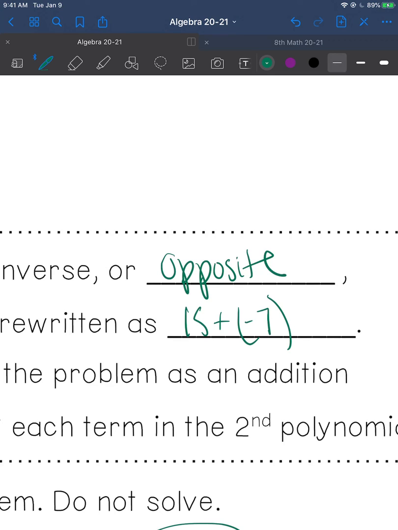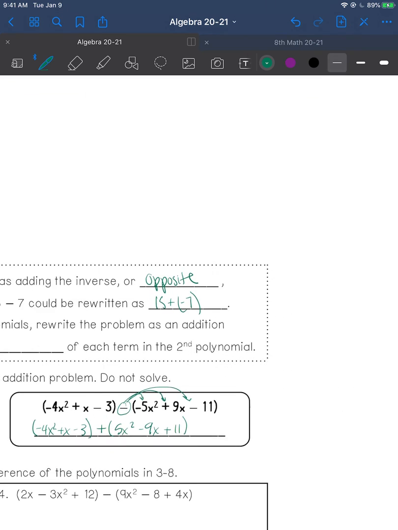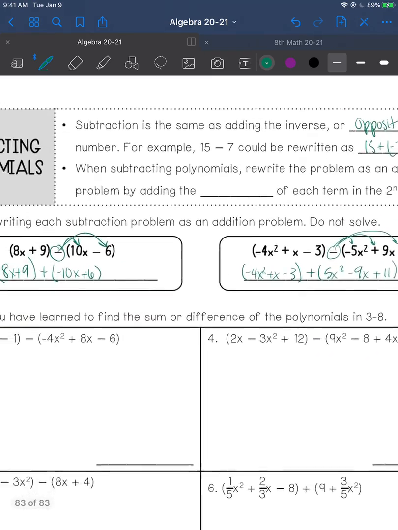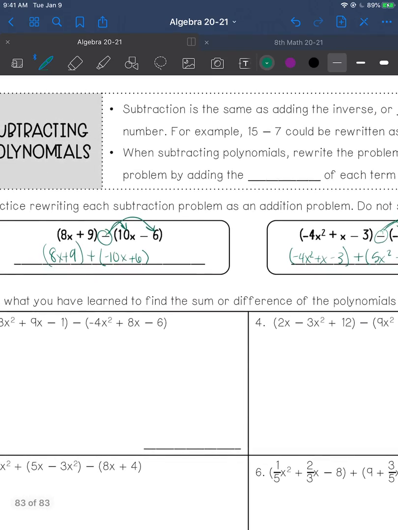I'm getting rid of the negative when I distribute it and change the signs. The reason we're doing that is because we just learned how to add the polynomials. So wouldn't we want to do one little simple thing so we could go back to adding? Because adding is the easiest of our operations. So that's why. That was a good question.